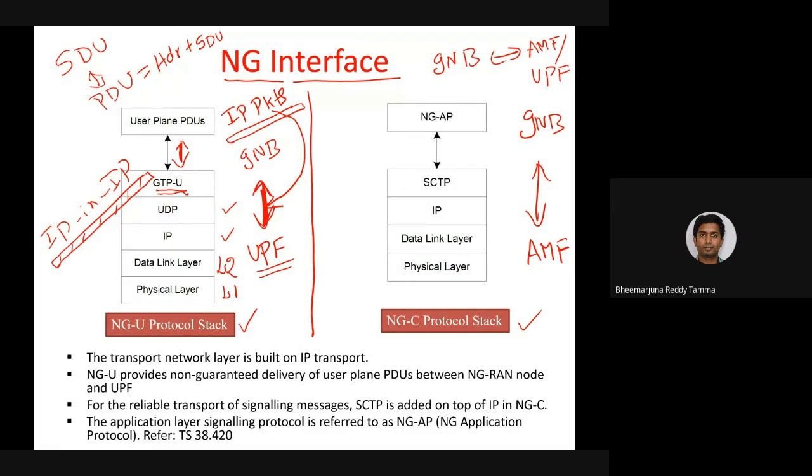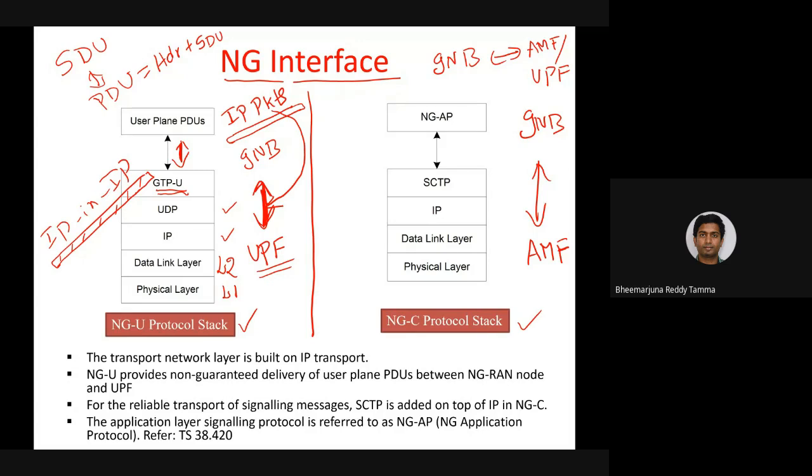So this is the stack that is used to have this tunnel established between the base station and the core network to send these packets inside UDP and IP. This is in the user plane. If you look at the couple of points that I'm describing at the bottom of this illustration, the transport network layer is built on IP transport.